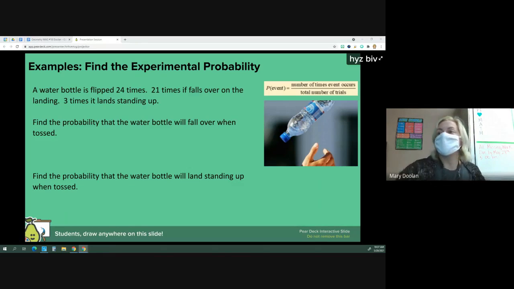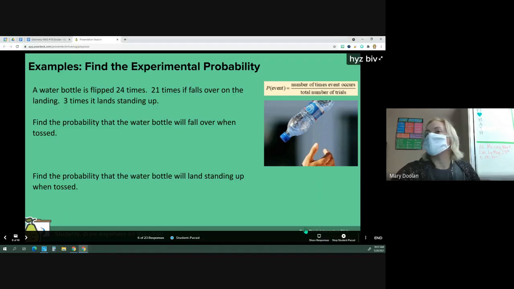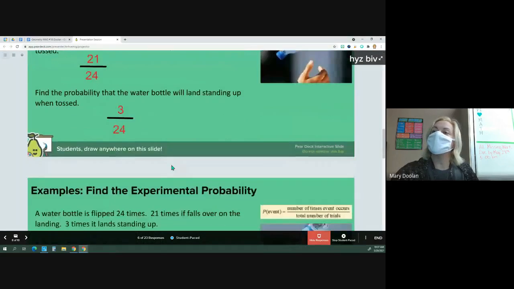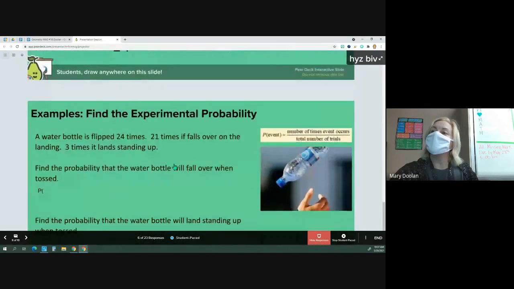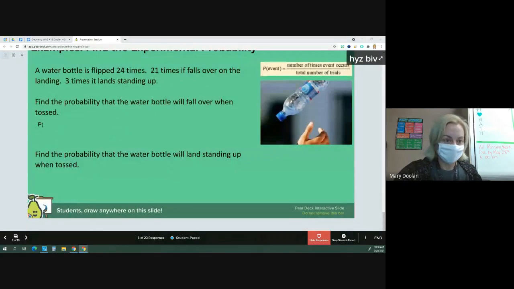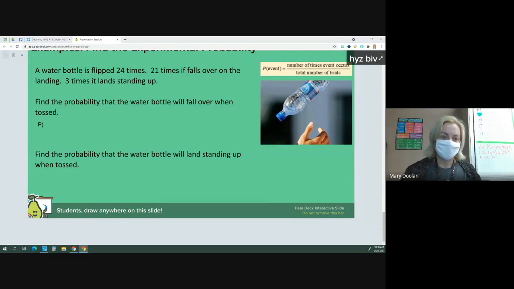Then capital P is how you can represent probability. And then use parentheses and fill in what it is you're trying to find. Okay, probability bottle falls over.